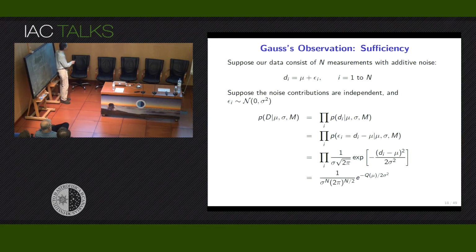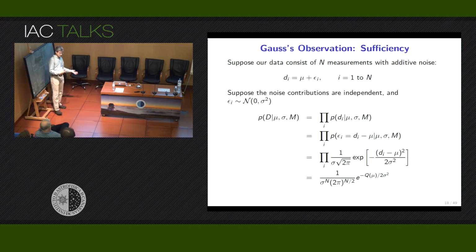The exponents all add, so in the exponent we get something that I've called q of mu, a function of the parameter mu. It's the sum of these numerators divided by this denominator, 2 sigma squared. And then, of course, we get the product of all these normalization constants out front.